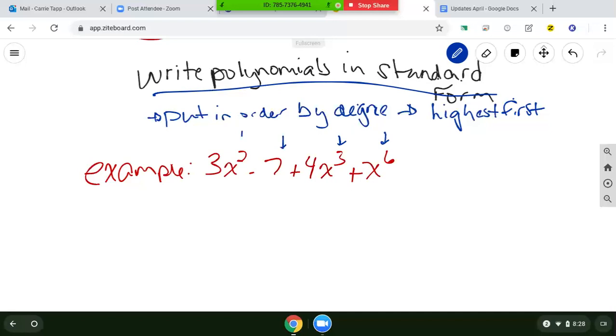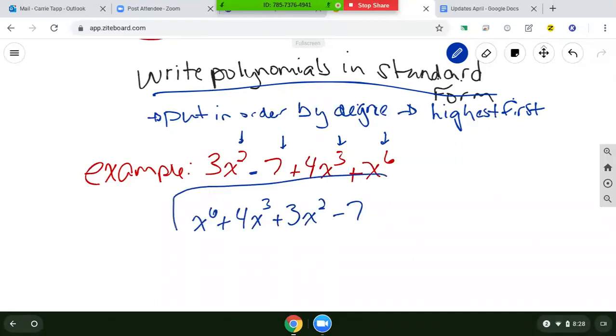So our answer here is going to be x to the 6th power, because the 6th is the highest, plus 4x to the 3rd power, plus 3x squared minus 7. Watch your signs here. The sign in front goes with it. So this would be your answer if you're putting it in standard form. You're ordering them from highest to lowest according to their exponents.